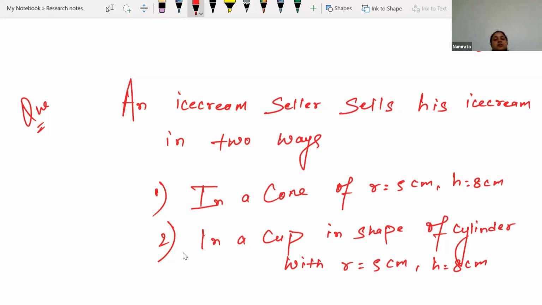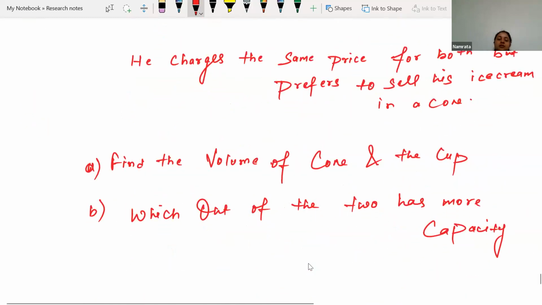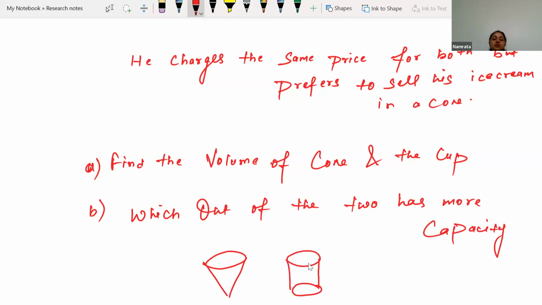So the ice cream seller is selling his ice cream in two ways, in a cone and a cup. The dimension of the cone is given, dimension of the cup is given. For your better understanding, I'm going to draw the figure downward. So he is selling in a cone and a cup. The dimension of the cone is given.